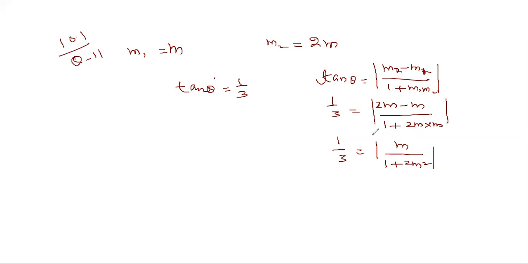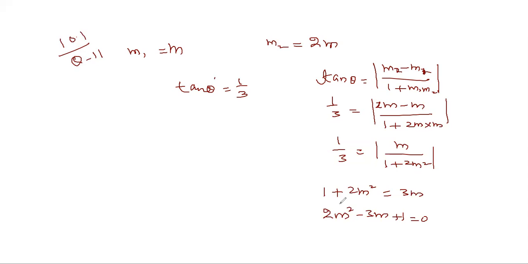So absolute value, you can solve this equation. So 1 plus 2m square will be equal to 3m. So you get the equation 2m square minus 3m plus 1 is equal to 0.